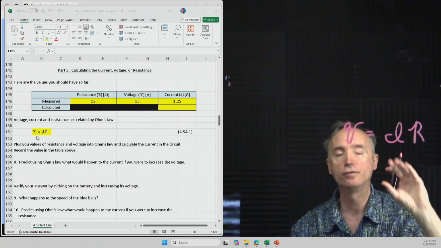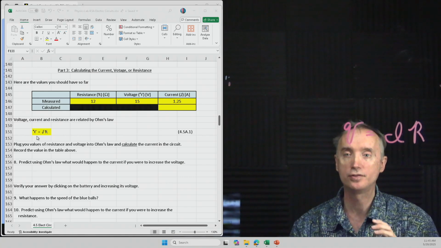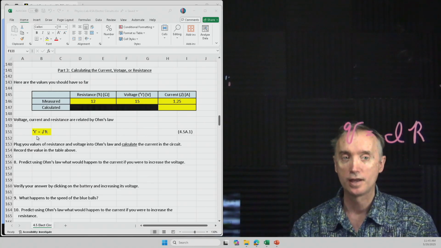Now, whenever you do a math problem, you always want to try to do it the same way. You're going to write down what you are given and what you are looking for. We start by writing down our numbers.